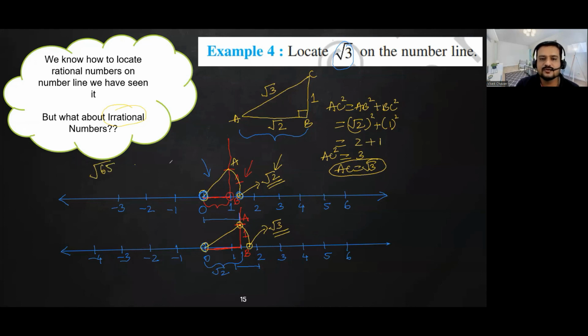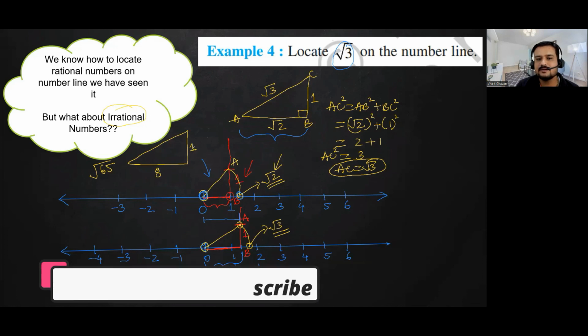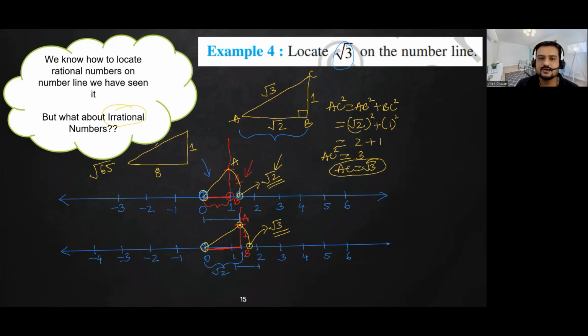Arya, pay attention. Under root 65, we will take this side as 8 and this side as 1. So 8 square is 64 plus 1 square is 1. So this value will be under root 65, like that.